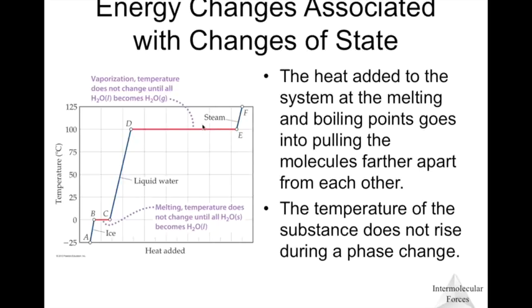And this is kind of cool. For example, why do you get this flat line here when you're going between liquid and boiling? That's because the heat being added isn't necessarily raising the temperature. It's going into pulling apart the molecules, and so it's being absorbed by the water molecules to break them apart. So the temperature doesn't change during that phase change because you're breaking apart the molecules instead.